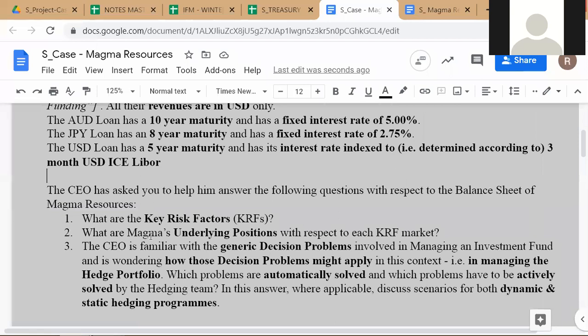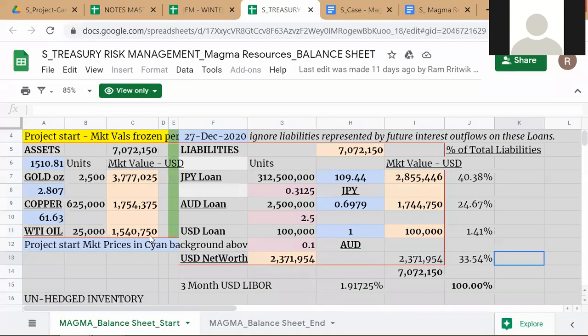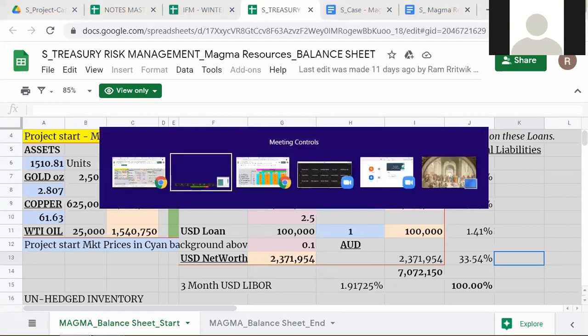The USD loan interest rate will not be a key risk factor. Okay, fine. So according to you, you have 3. Yes, sir. Okay, fine.